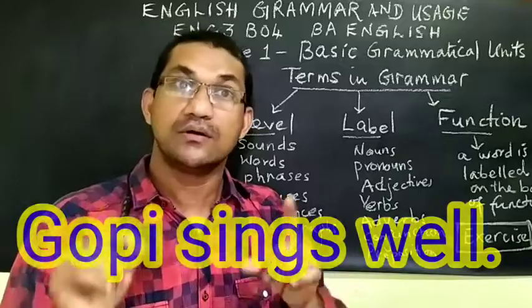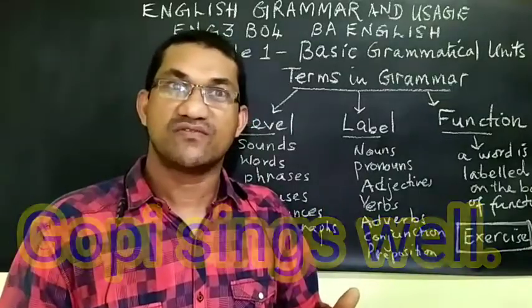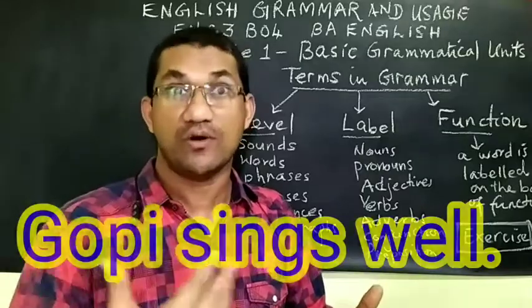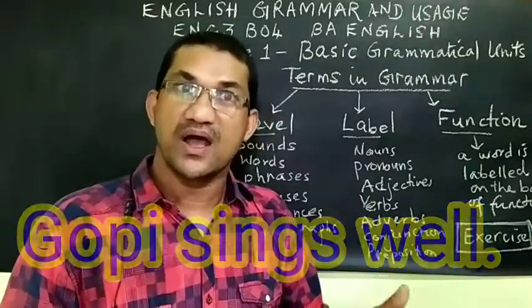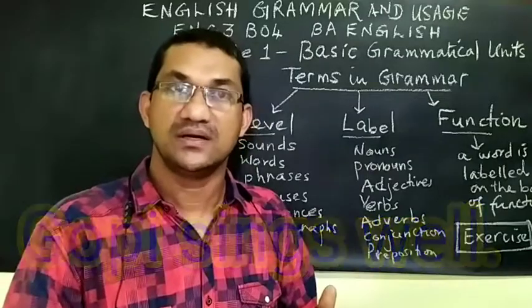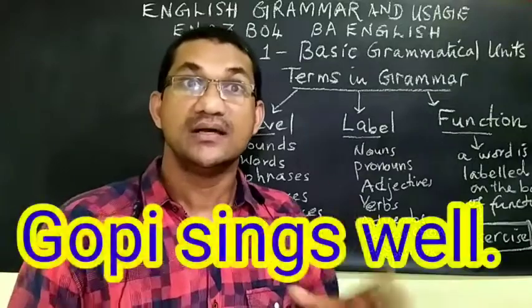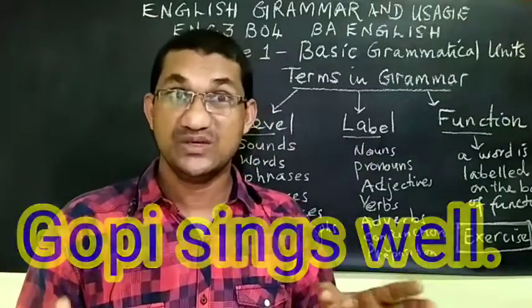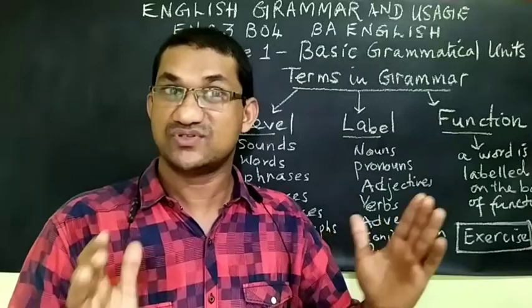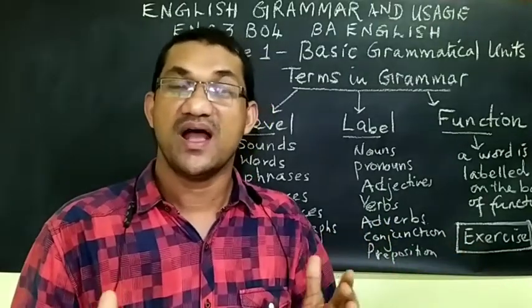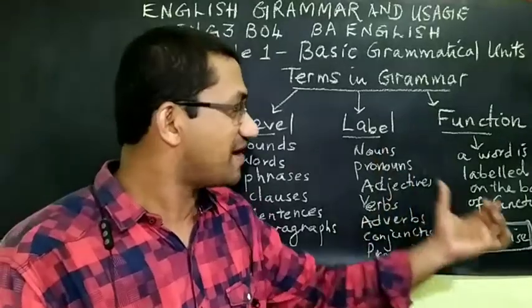Gopi is a noun and, of course, the subject, the doer of the action. Sings is a verb, the action word. And well is an adverb. That is all based on the function.